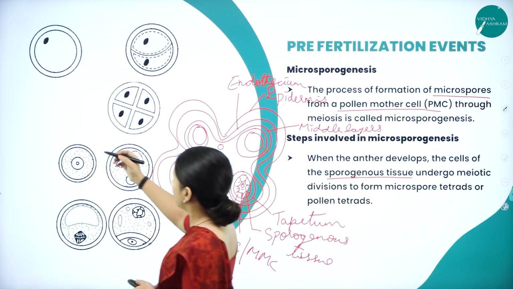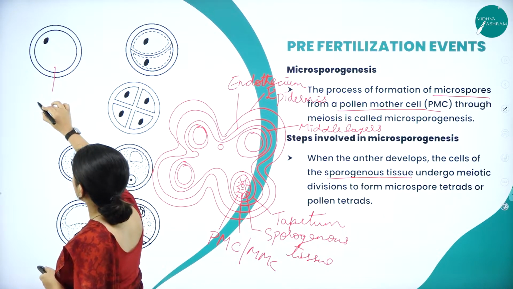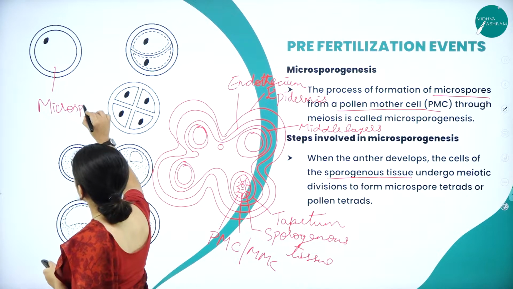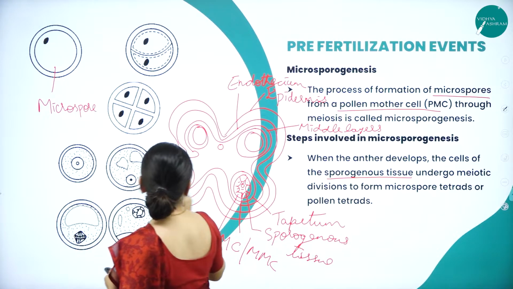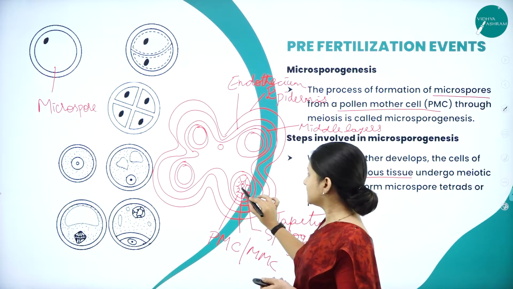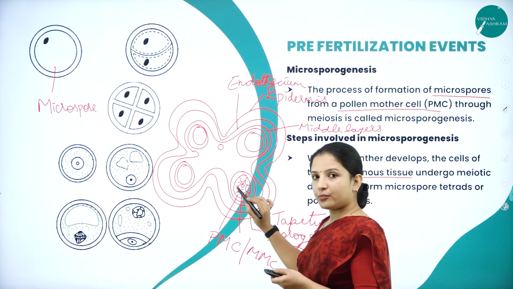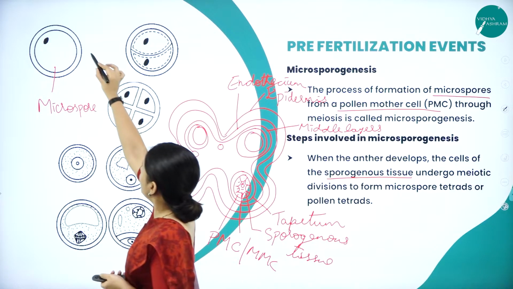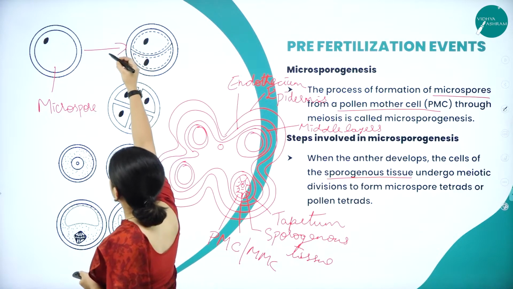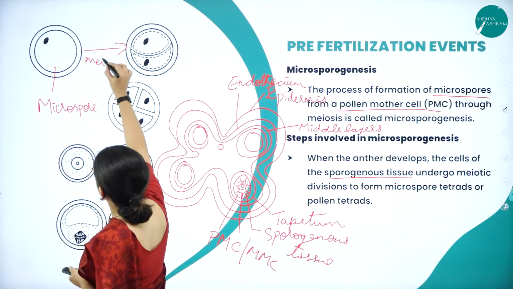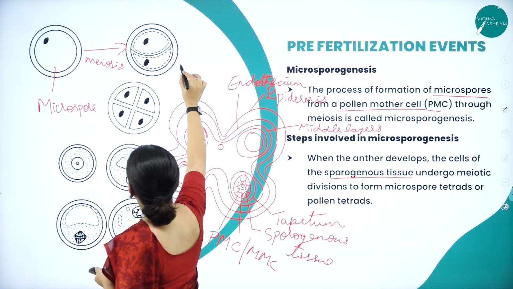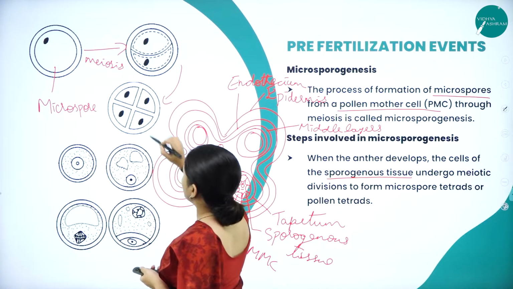So you have here the microspore. Where are these microspores present? They are present inside the pollen sac, or in the pollen mother cell, inside the pollen sac. This particular cell undergoes meiosis and produces the pollen tetrad.